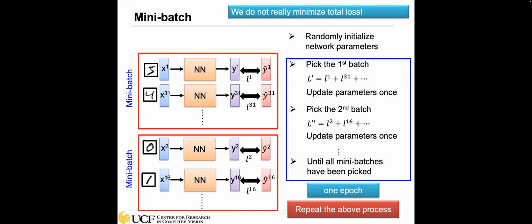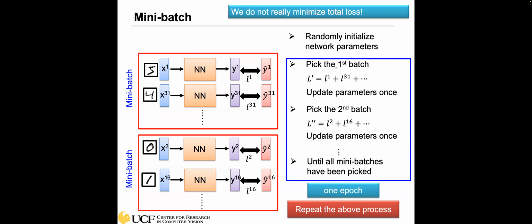And then we pick the first batch. Maybe your training set has a lot of examples. For this batch, I'm going to specify my batch size, which means how many samples I'm going to pick. Let's say we consider 50 samples for your batch size. Every time I'll randomly select 50 samples from the entire training set.